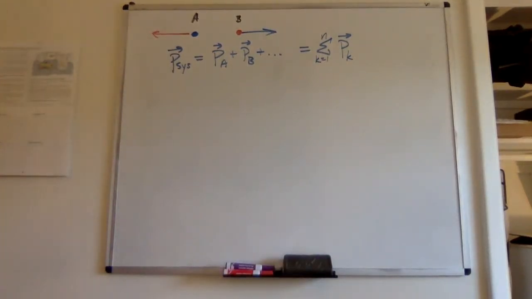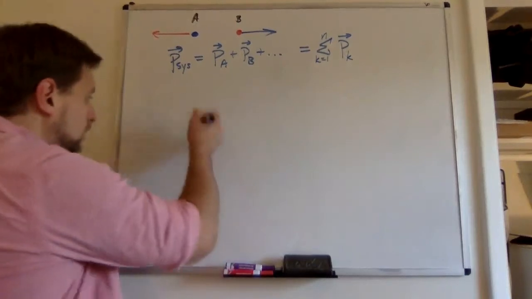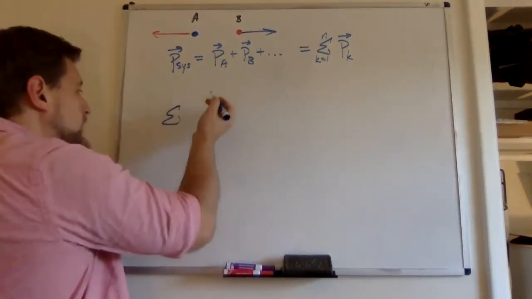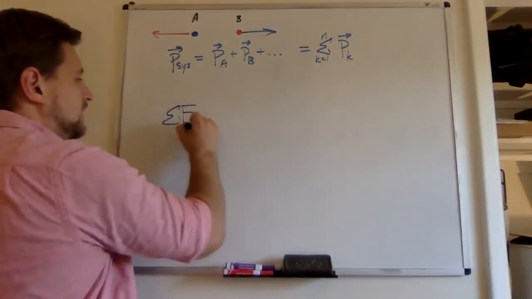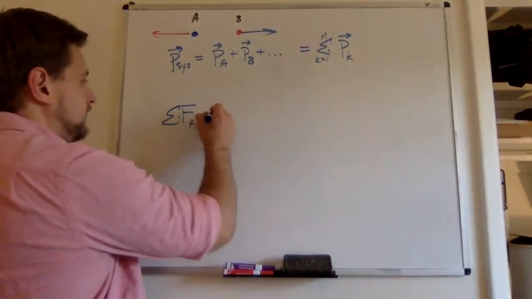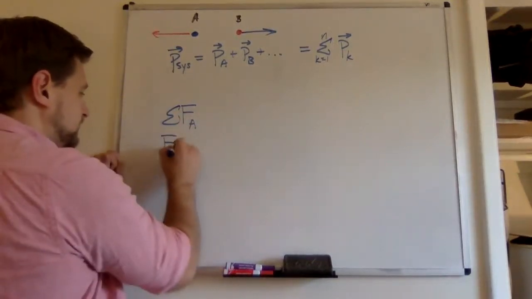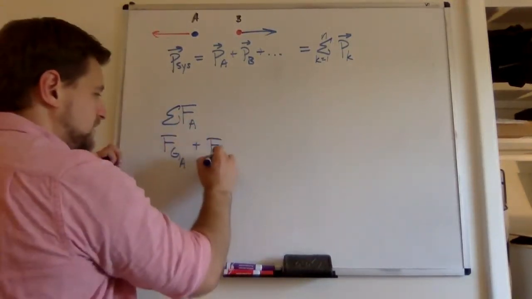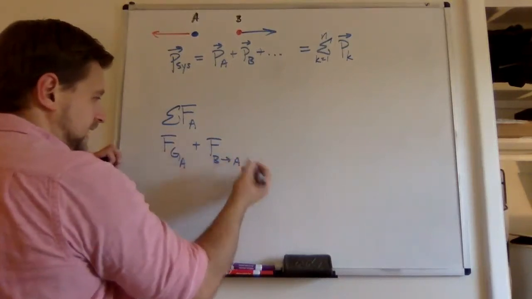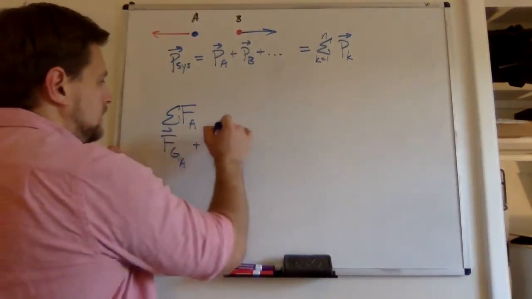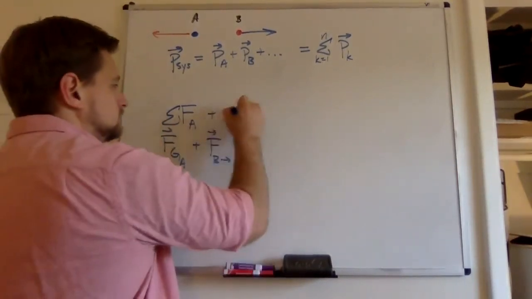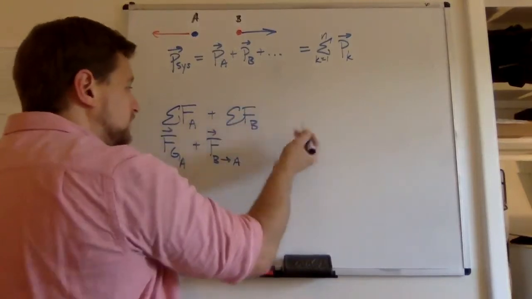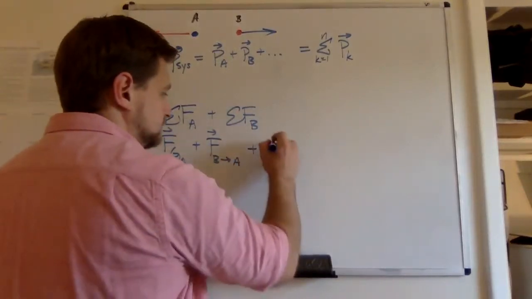Okay, cool. What if there were other forces acting on A? What if there was, gravity, let's say, force of gravity on A plus the force of B acting on A? And what if there were multiple forces acting on B?